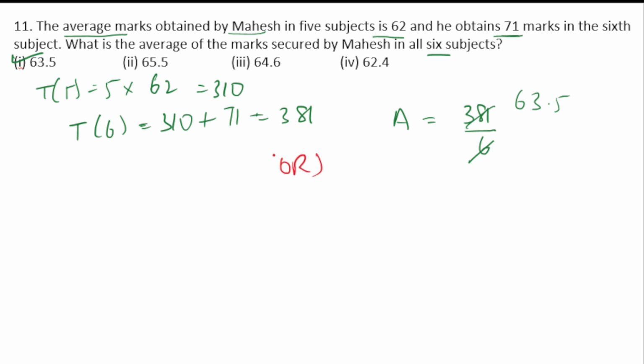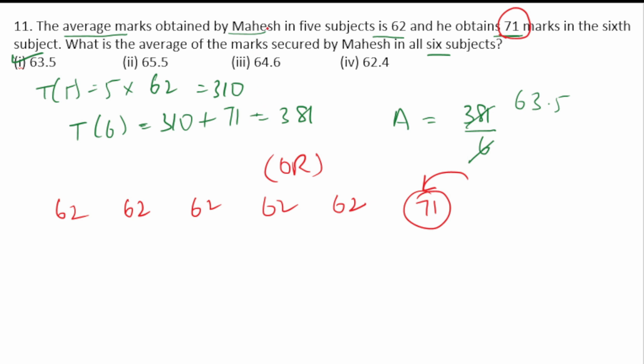Or you can do this in another method also. See, the average is 62. There are 5 subjects. The average is 62. And he obtained 71 marks in the 6th subject. So this also we will imagine as 62. And what are the remaining marks? 71 minus 62 is 9. So he got 9 marks more than the average.